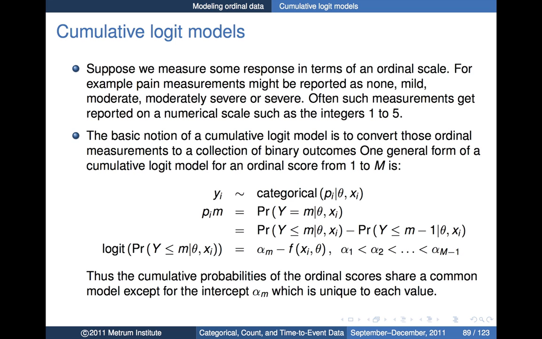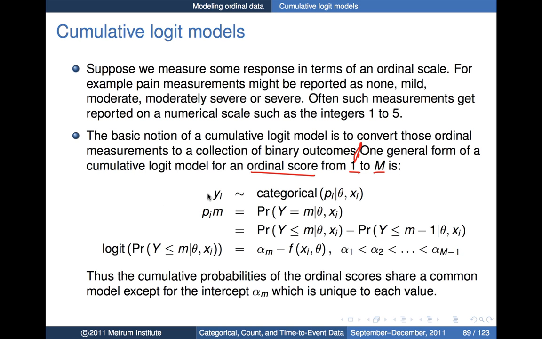And I see I was supposed to have a bullet right here. I'll correct that in the next version. So we're going to convert things to a collection of binary measurements. And one particular form of a cumulative logit model for an ordinal scale is shown here. So imagine we've got an ordinal score where the values are numbered from 1 to capital M.